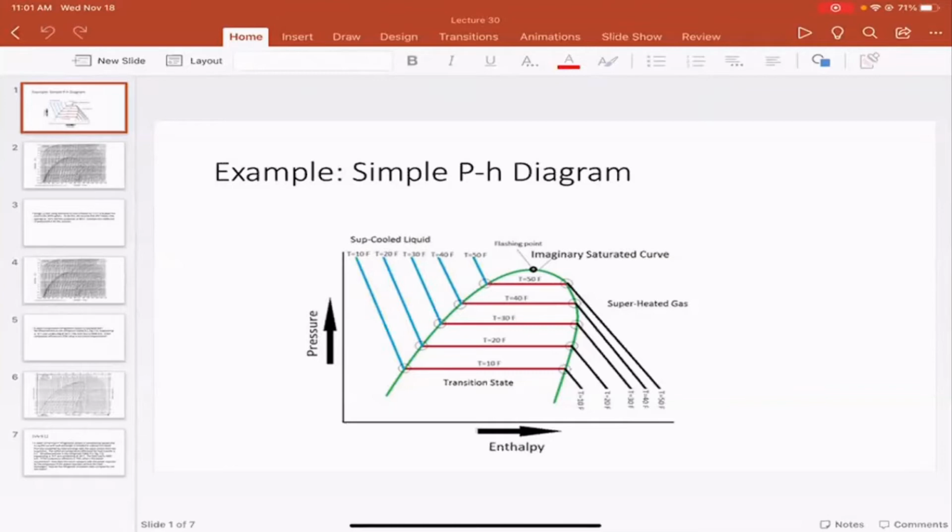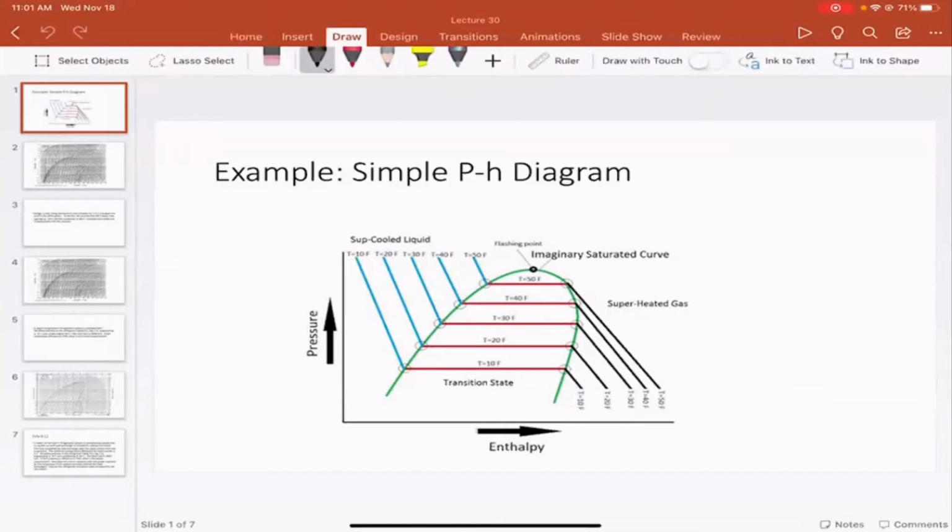They meet the saturation line, and then you have phase change as you go from the left of the green curve all the way straight across to the right, just like we would have in the TS diagram. And then at constant temperature, as you reduce the pressure, you increase the enthalpy. And so you're still moving down and to the right here. And so this is a pretty simple example of a pH diagram.